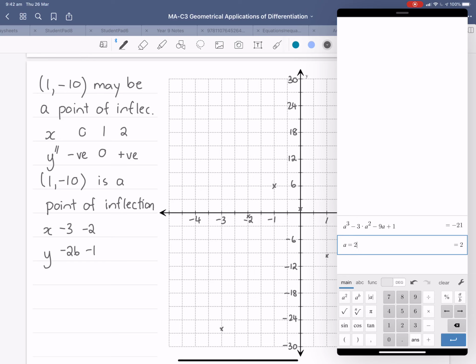So 2 gets me negative 21. So I'd encourage you to get this Desmos calculator. Doing this is very handy. It is built into the Casio calculators and the higher models of the Sharps, and it's really handy when you're doing this sort of thing where you just want a few extra points.